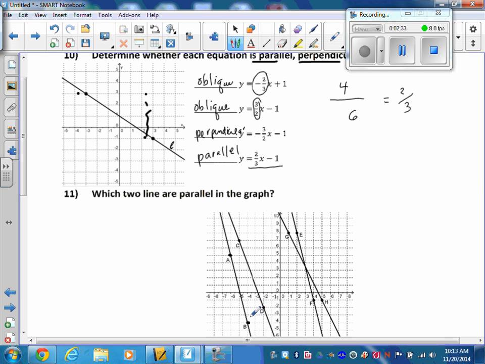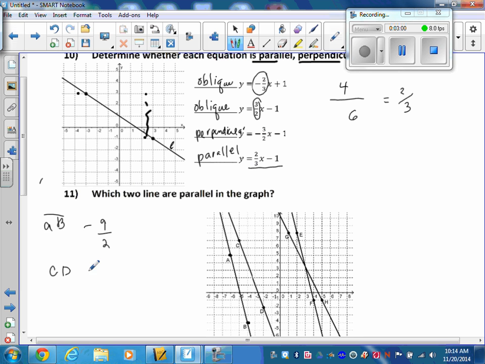So this slope is 1, 2, 3, 4, 5, 6, 7, 8, 9, and 1, 2. Did you get 9/2, or did I count that wrong? Yes, it is negative. Thank you. It's -9/2 for AB. AB has a slope of -9/2.